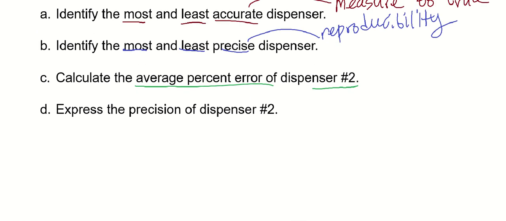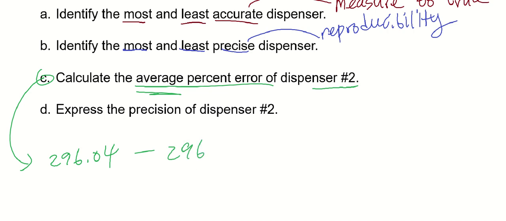We're going to use green for part C. So the average is 296.04 because they're asking us for the average. There's the measurement. We're going to subtract that from the accepted value, which is 296 exactly.